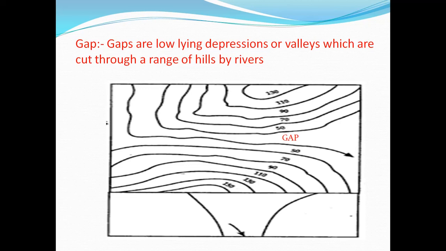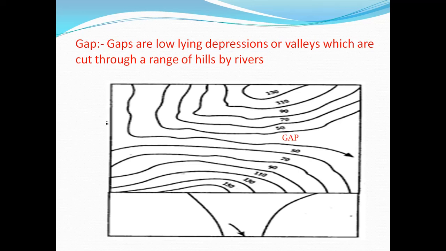You can see in this picture, through the contour lines we can be sure that 150, then 130, 110, 90, 70, 80, and there is a gap. That means from 150 it is going down towards the gap, and the gap is the depression or cut-down place where water flows.